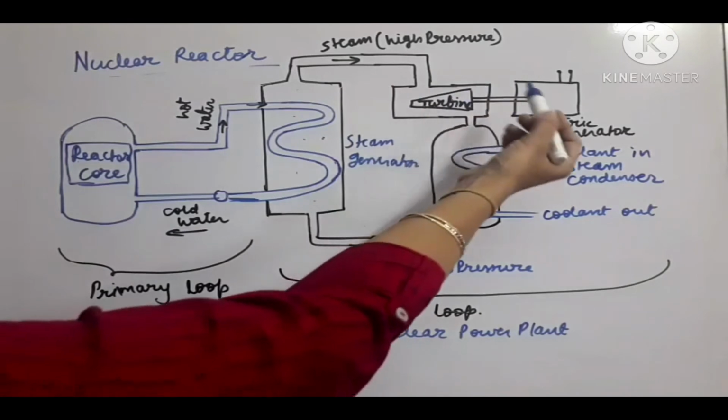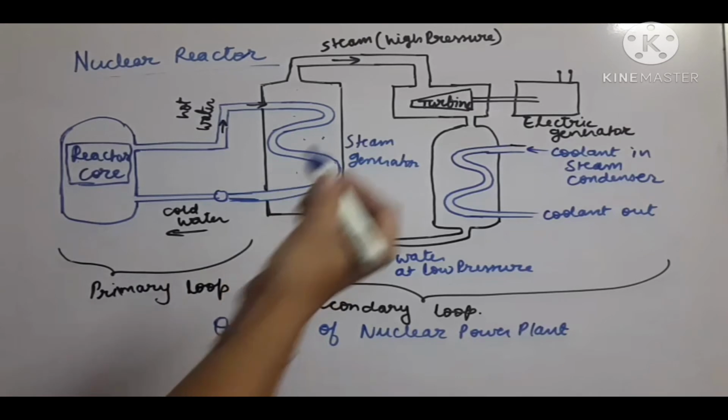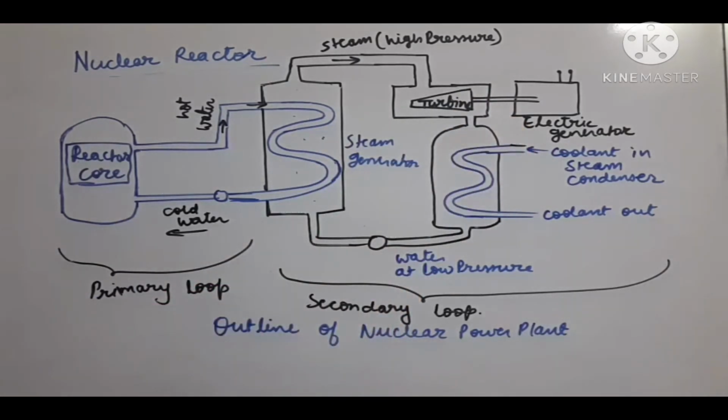Now these turbine blades are connected with the electrical generator. We already know the principle of the electric generator, how in an AC generator electricity is produced: with the help of some mechanism we have to run the coil in between the magnetic field, and that's why induced current is produced due to change of magnetic flux.